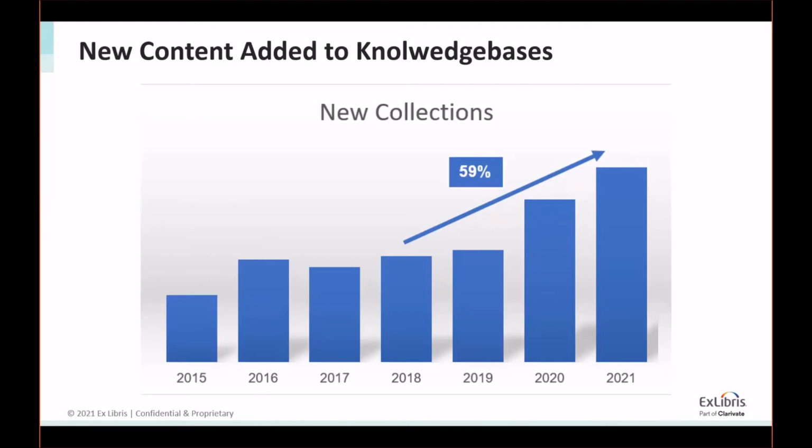In the chart, you can see the year-by-year growth of the new collection volume that we ingest. And as you can see, I put here an arrow with 59% that demonstrates the increase in the volume of 2021 compared to 2018. This is a huge growth.